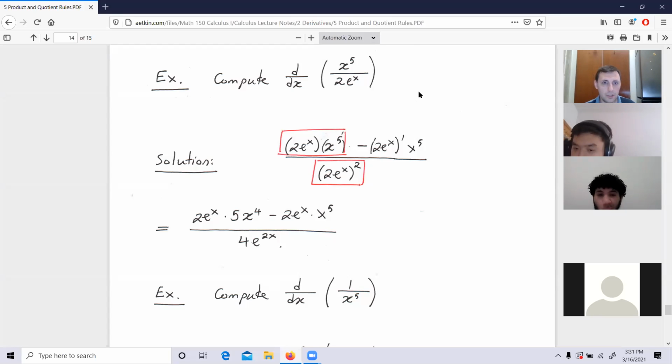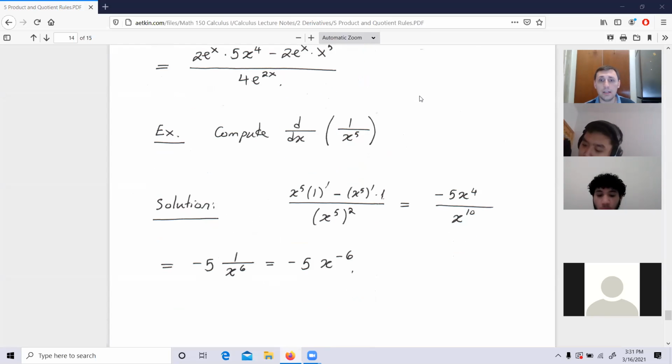Very good. And you can see that, guys, by applying the quotient rule, for instance. Yes. So we have the denominator squared, copy the denominator, derivative of 1 minus derivative of the denominator times 1.